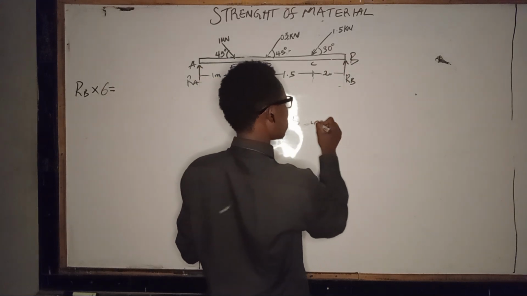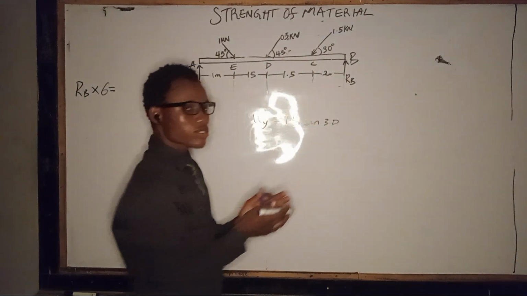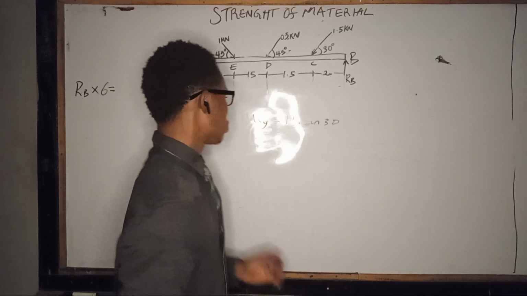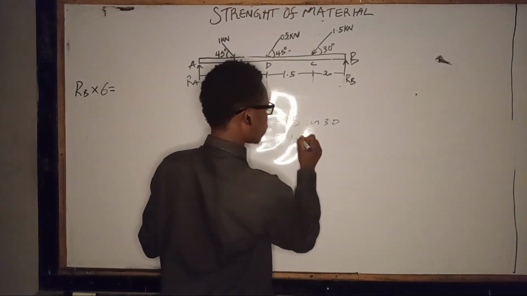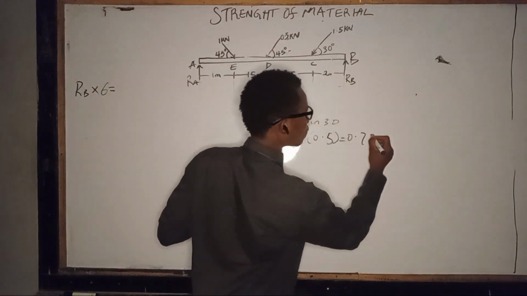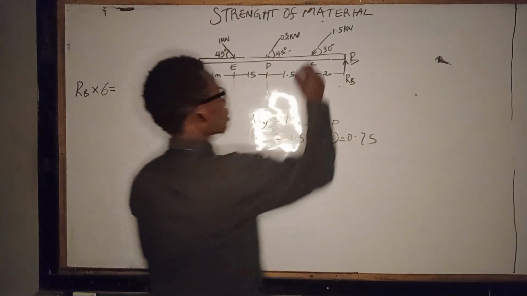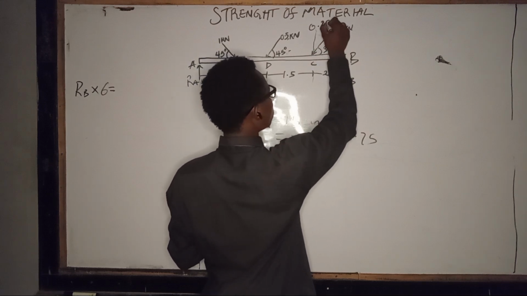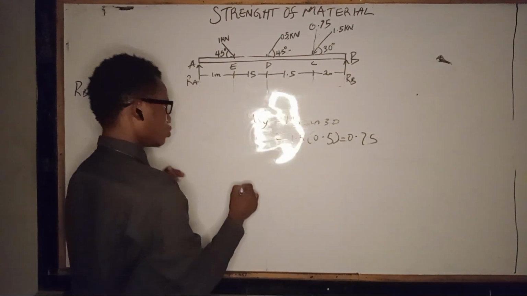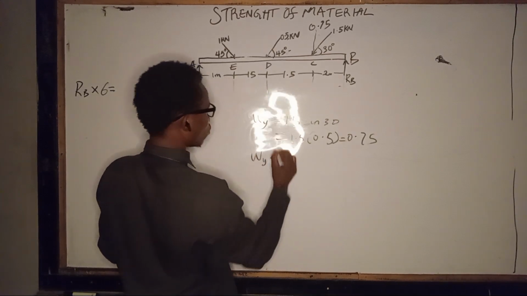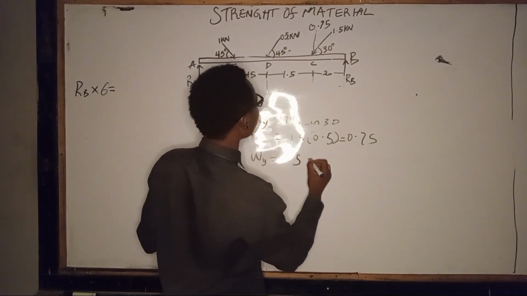Sin 30 is 0.5, so this is 1.5 times 0.5, which is 0.75. Therefore the vertical component of this is 0.75.